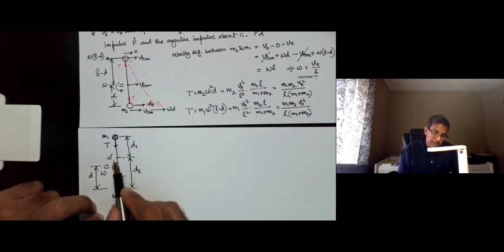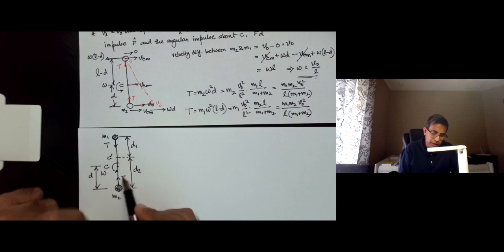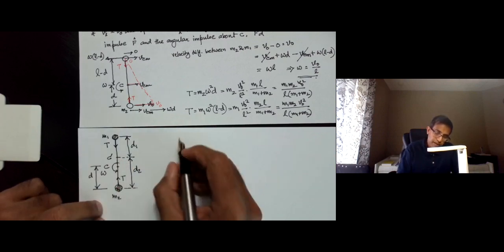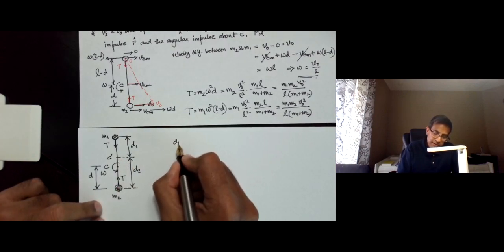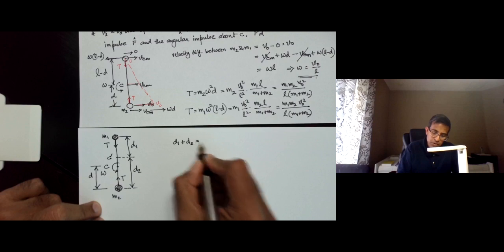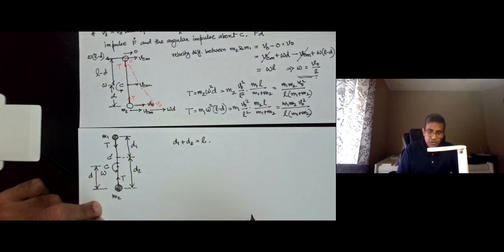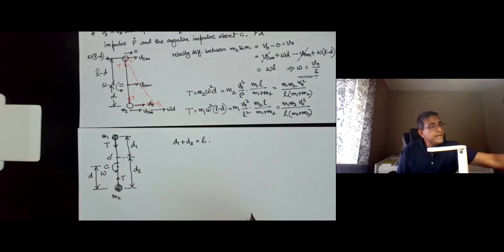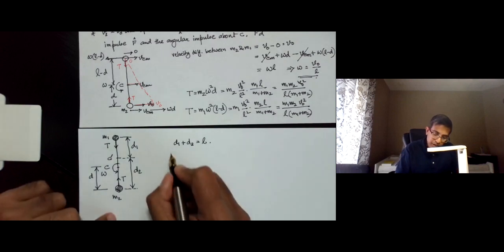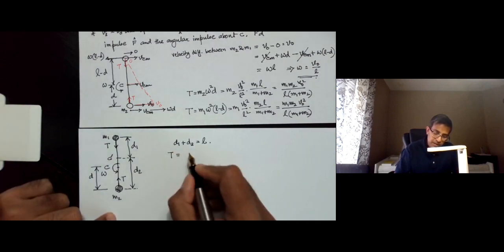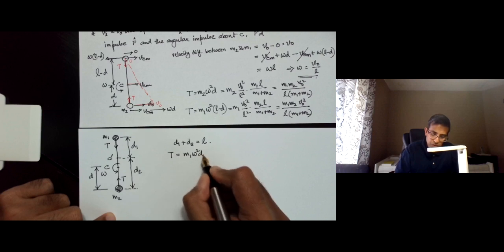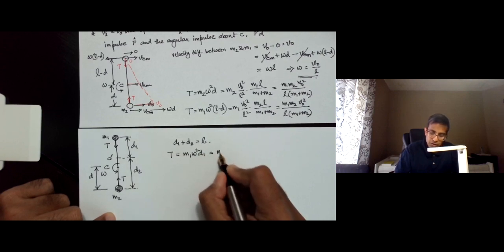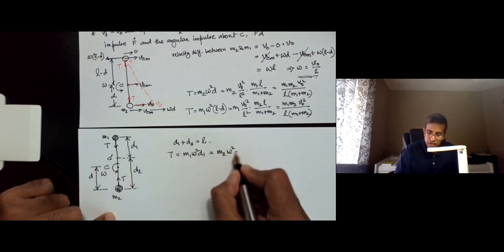And let's say it is at a distance of D2 from M2 and D1 from M1. Then we can say that D1 plus D2 is equal to L. We can also say that because the two tensions are the same, T is equal to M1 omega squared D1, and it is also equal to M2 omega squared D2.